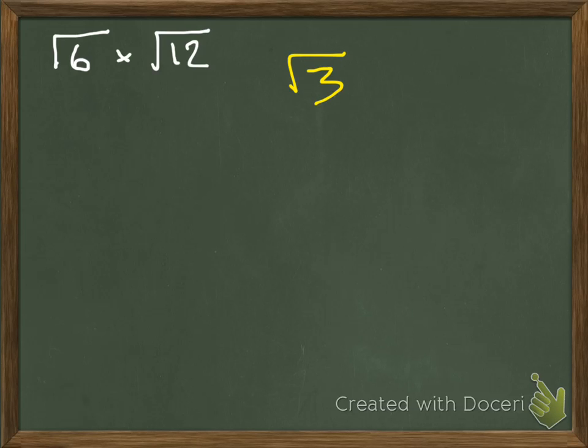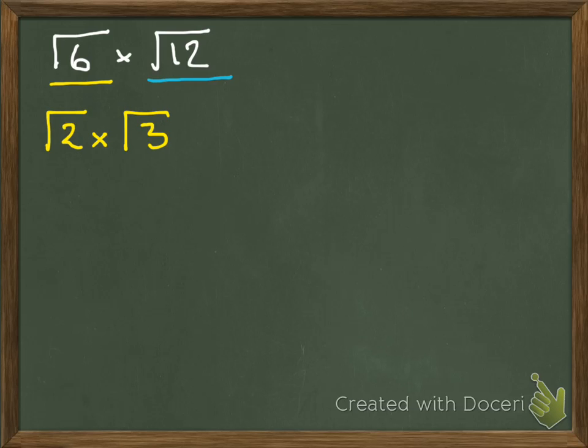I think probably that would work, because root 6 becomes root 2 times root 3, and then if I look at root 12, well, if I'm just going to prime factorise that, it would be 2, and it would be 2, and it would be 3.